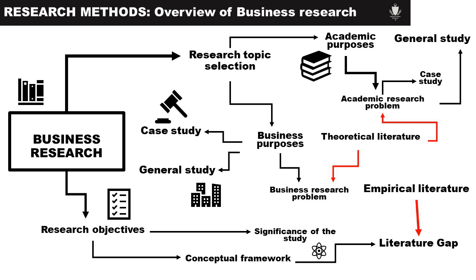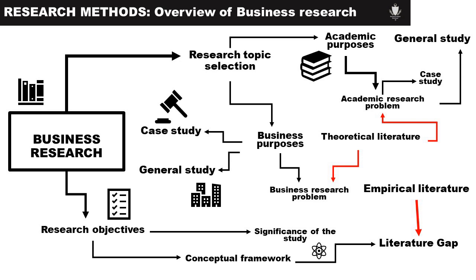Okay, so the other important part is the part for research objectives. When we're talking about research objectives, these research objectives tend to be solutions to the identified business research problem or academic research problem. Now, research objectives are usually presented in a diagrammatic form when we express them in terms of a conceptual framework.